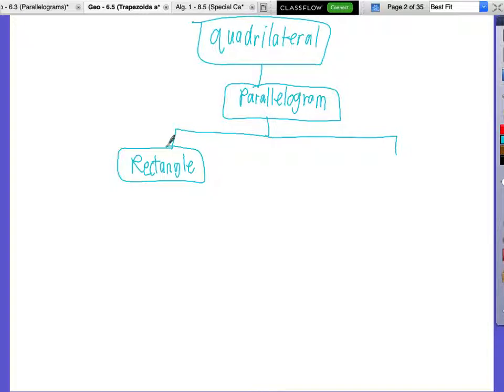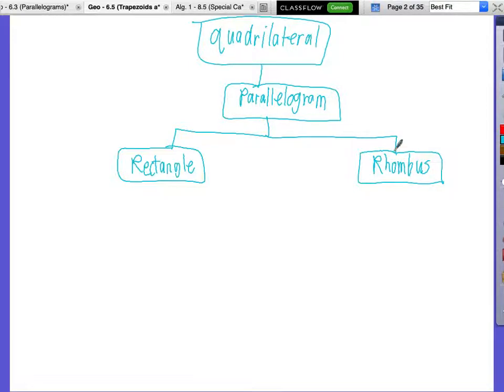And what was the other one that branched out of the parallelogram? Rhombus. With a rhombus, it was a parallelogram with four congruent sides. So these are both parallelograms with four congruent somethings. The rectangle is four congruent angles. The rhombus is four congruent sides. In addition, we also learned something about the diagonals, not that they're congruent like in the rectangle.